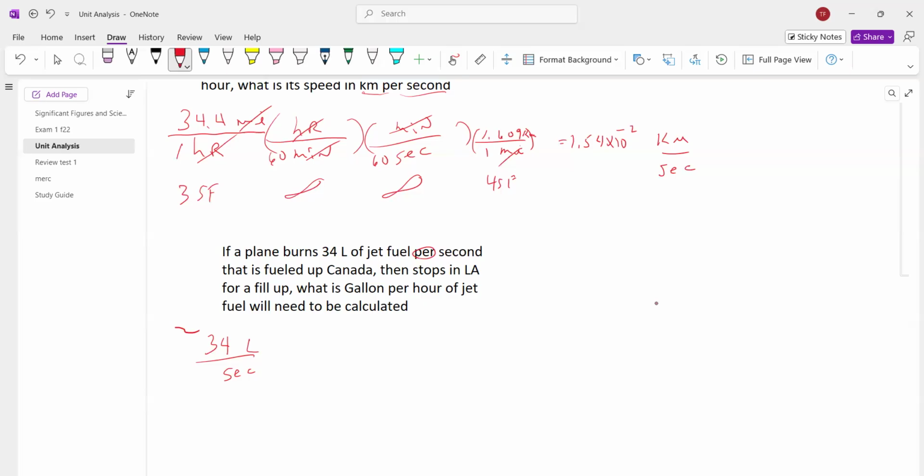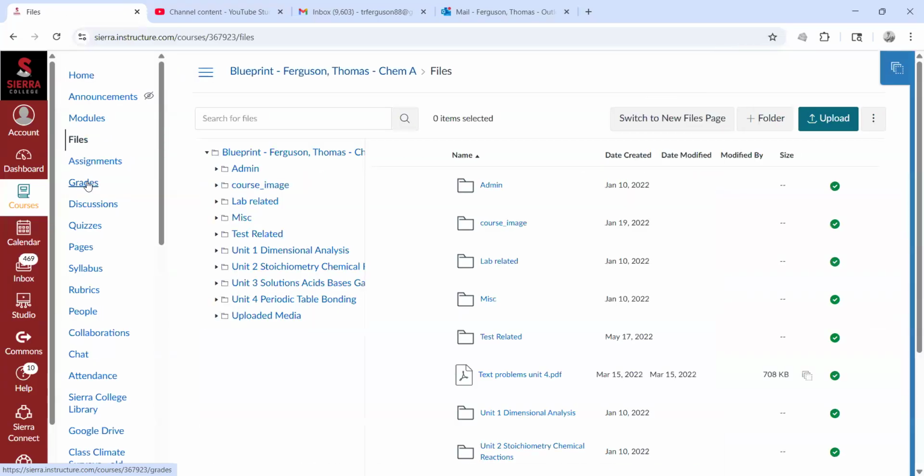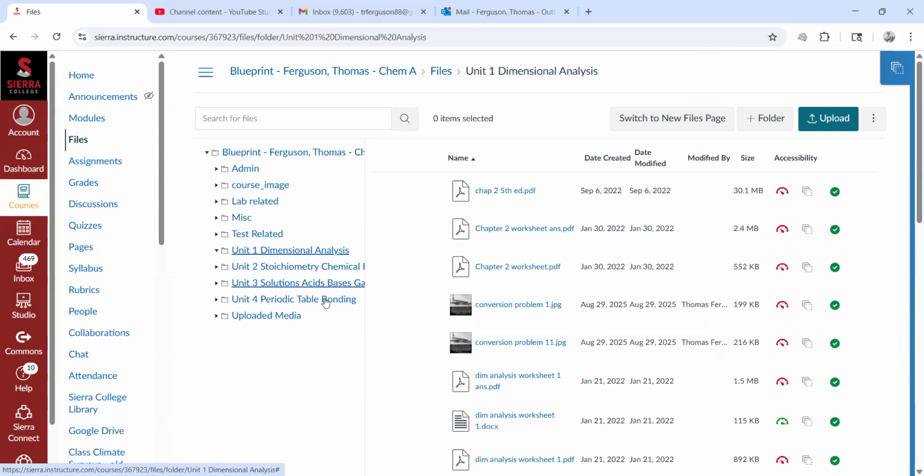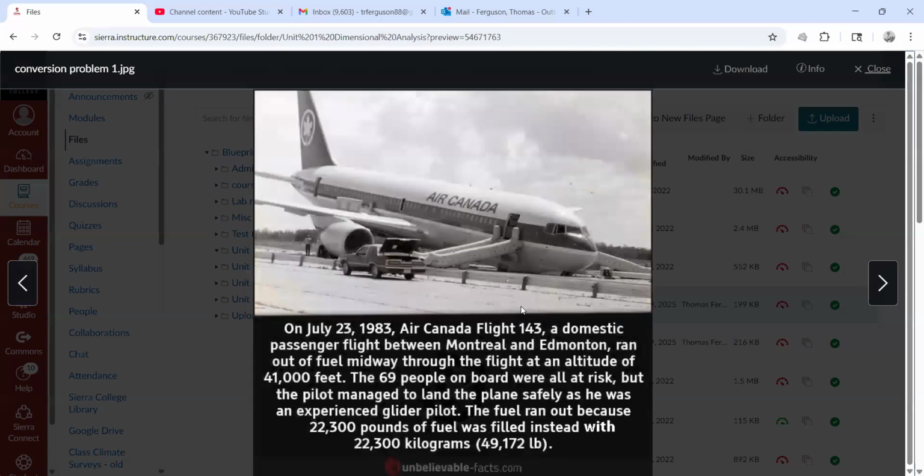In fact, if you want to go to... Here it is.